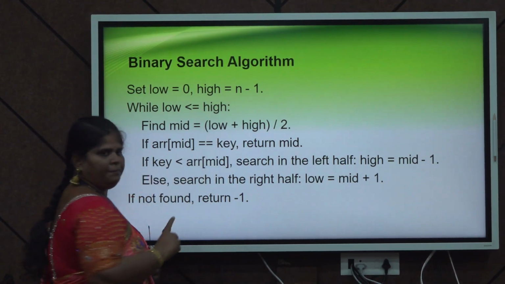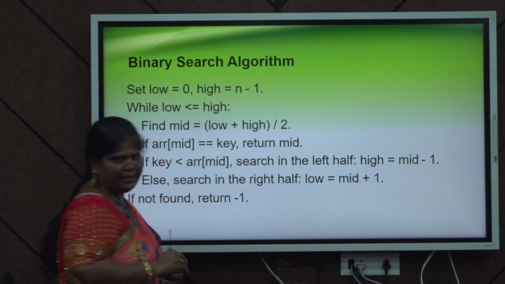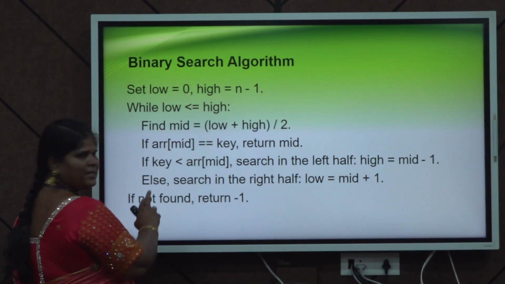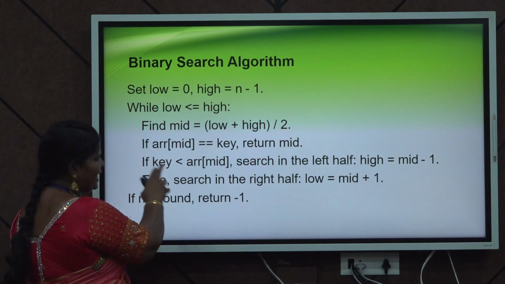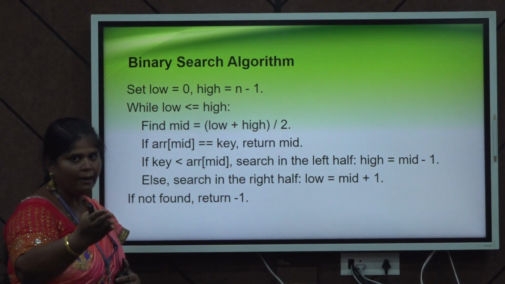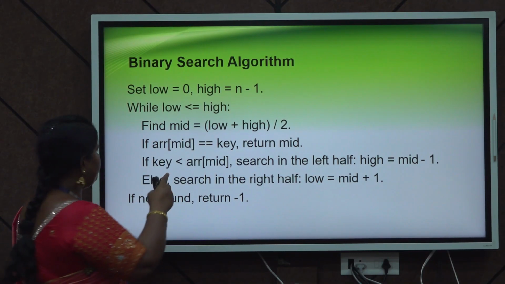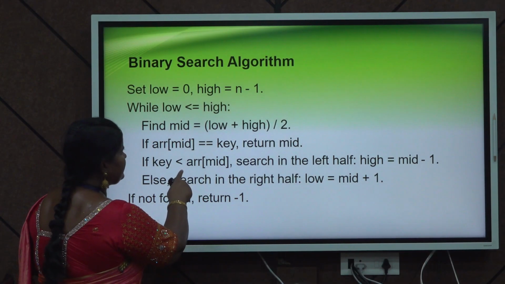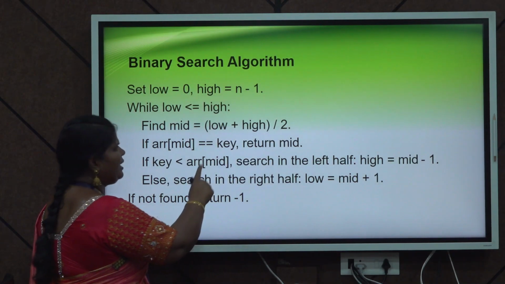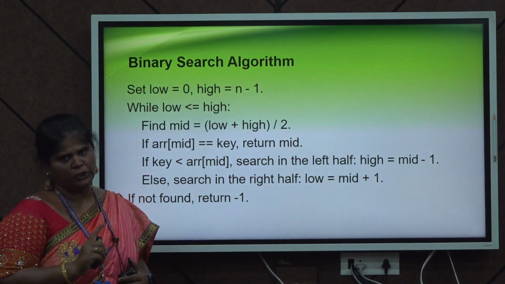If it is found, that is your mid position element is the key element, then we can return mid. Or otherwise we have to check, for example, I am going to search 20, my mid element is 15. So it is not found, right? If the key element is less than the array of mid element, then we can move the high pointer to the mid minus 1 position.